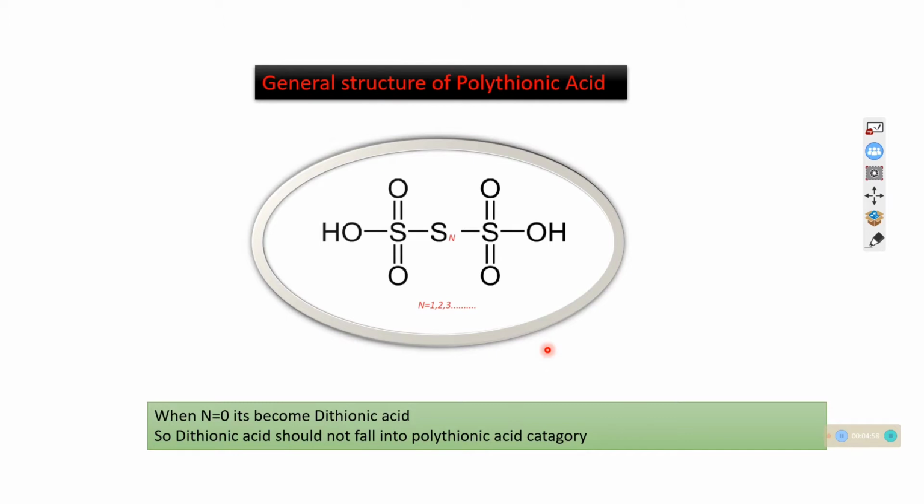Though there are similarities in the name between dithionic acid and polythionic acids, still dithionic acid should not fall into the category of polythionic acids. Why? In this case, there should be at least one sulfur atom between the sulfonic acid groups.